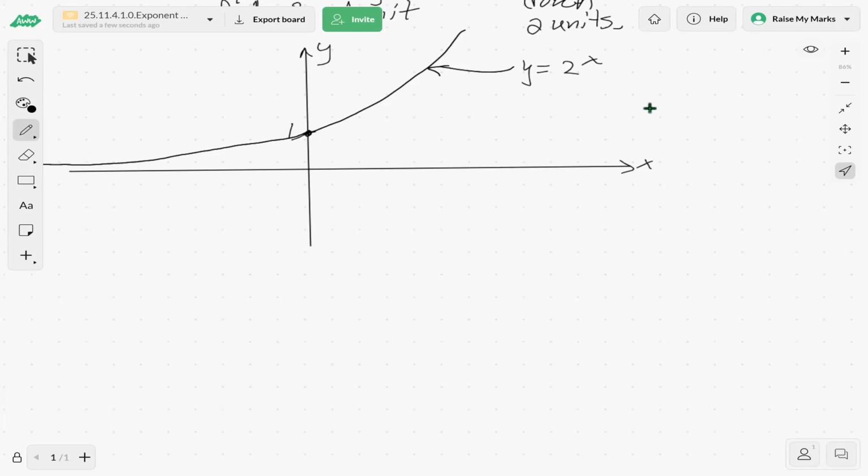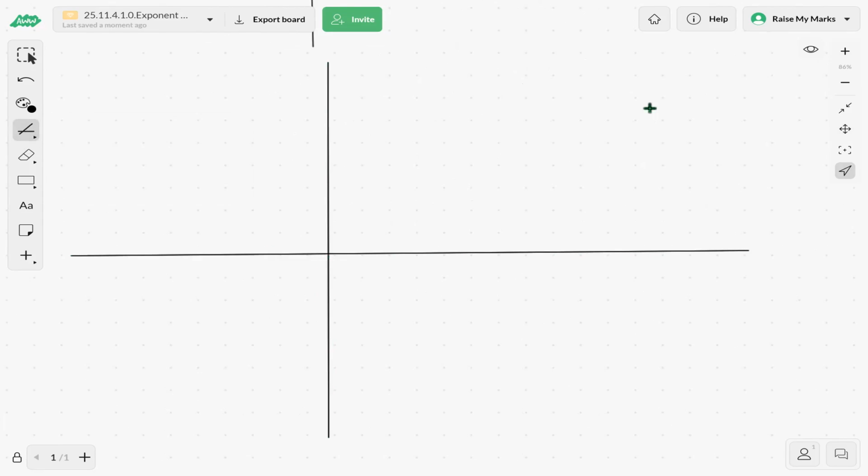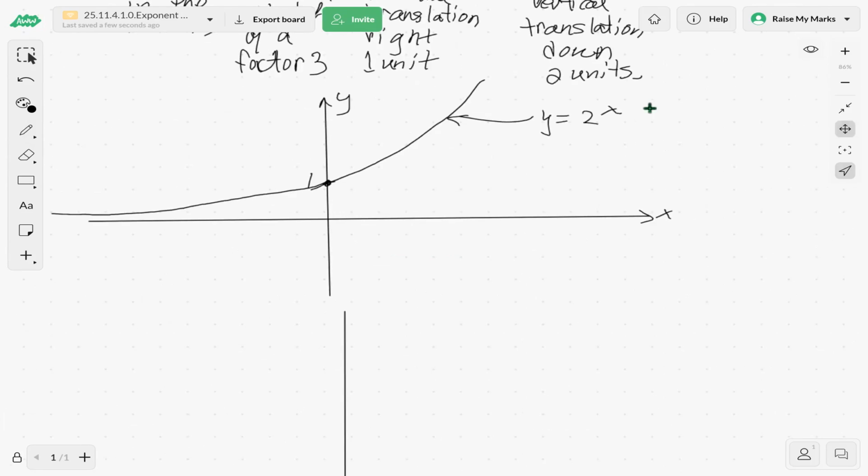Let's draw another set of axes, a little bit bigger, with more space to take into account all our transformations. The first thing we can do is our vertical stretch of a factor of 3. If we go back to the graph of our base function, the y-intercept is a nice point to use.